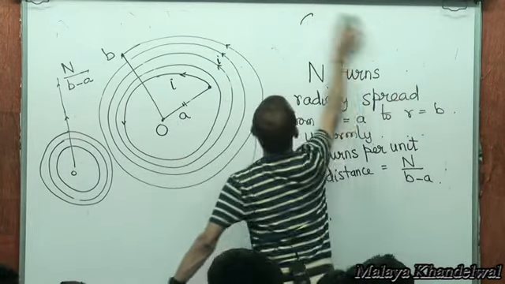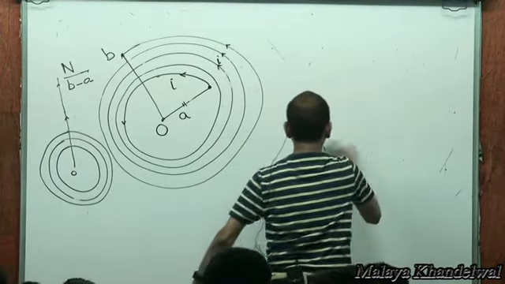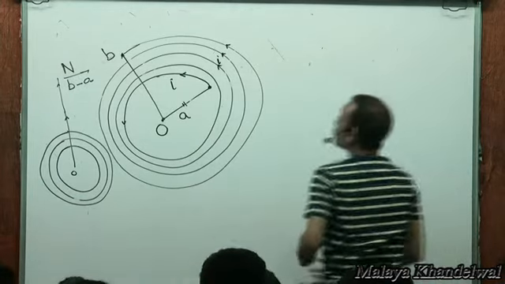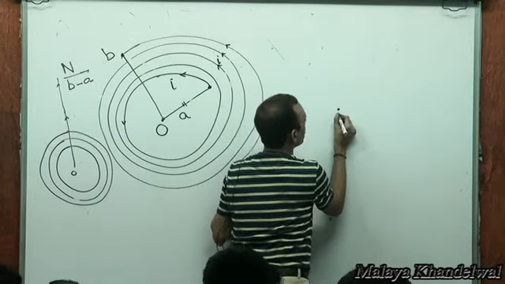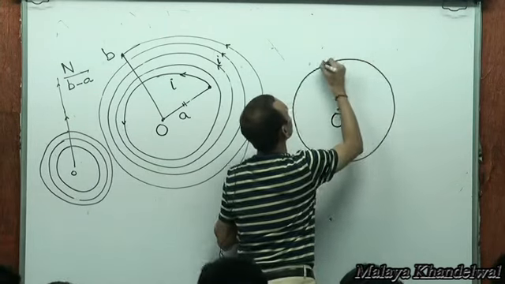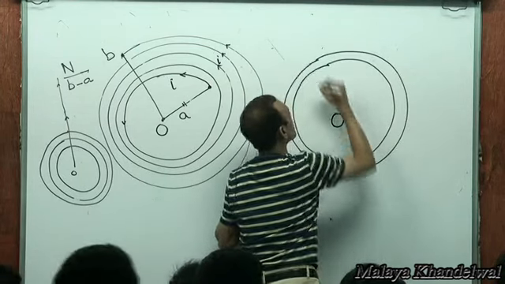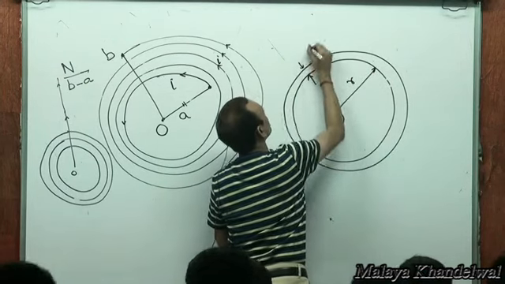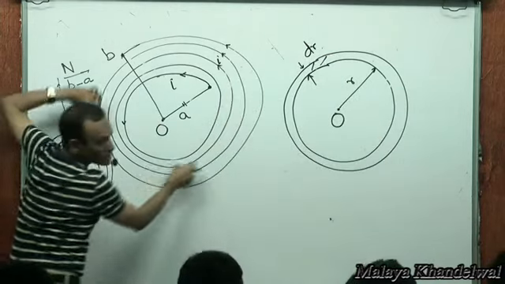Now, what I do is, from O, I take this r and I select a small thickness, say dr, of this spiral. Right? This is a small portion dr of the spiral that I have selected.